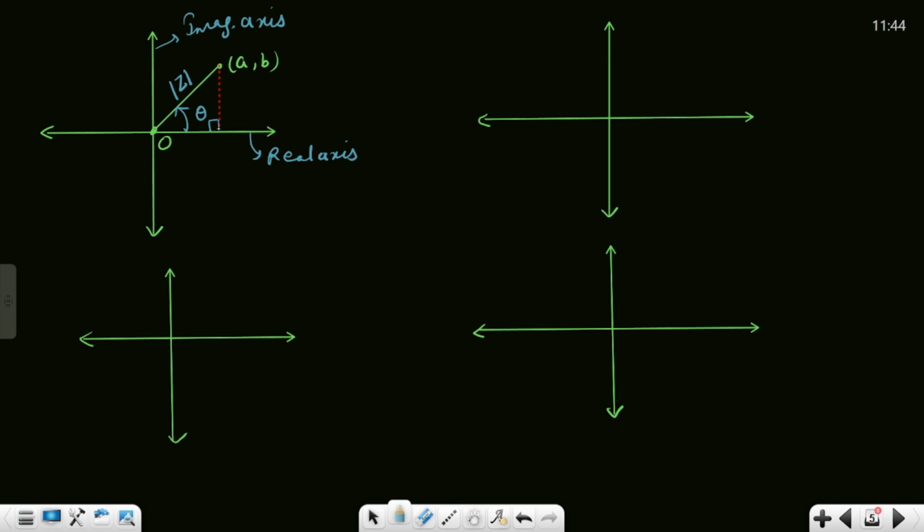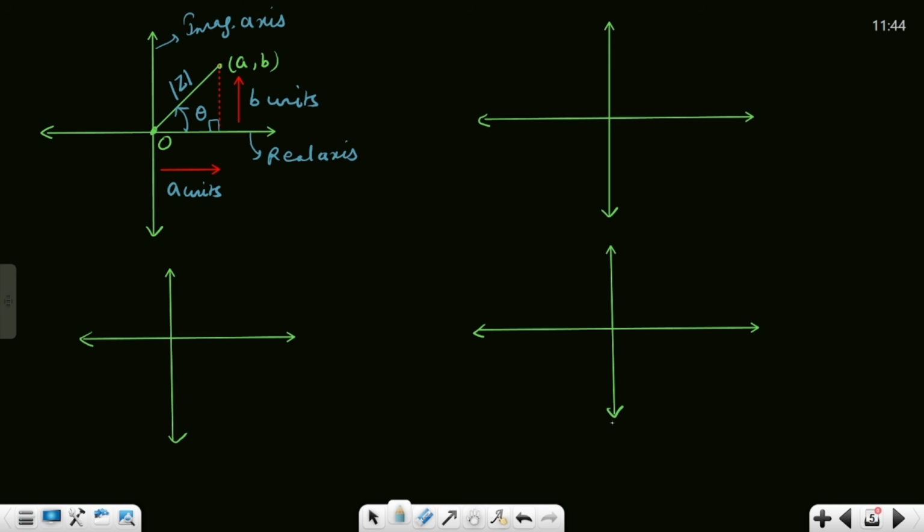The horizontal distance is a, so a units along the real axis and b units along the imaginary axis. We can see it is a right angle triangle.